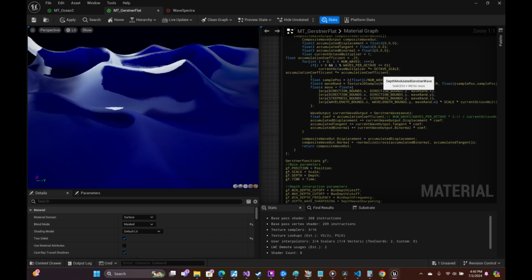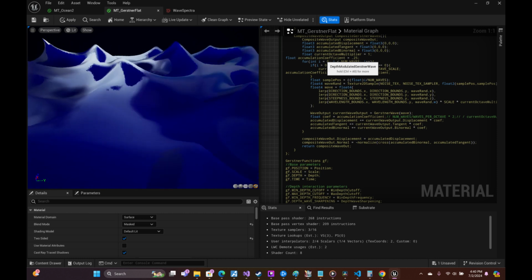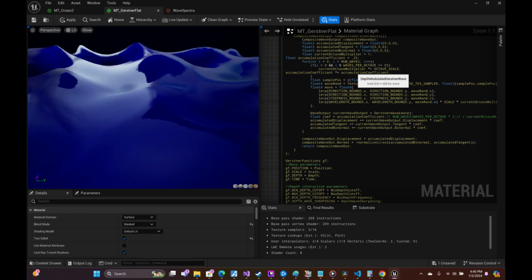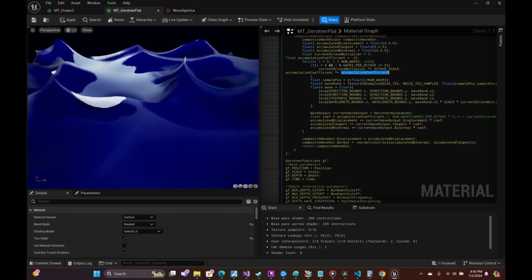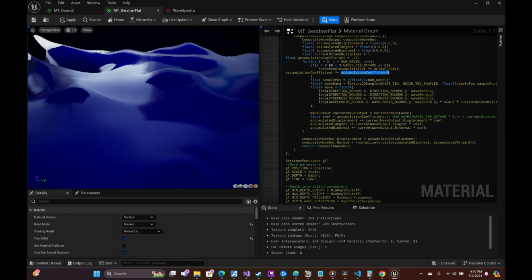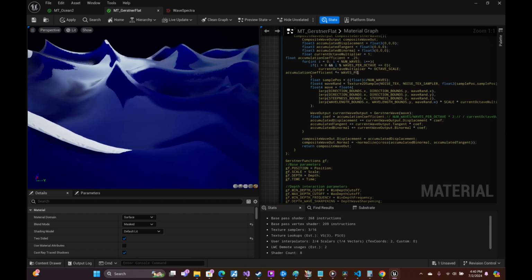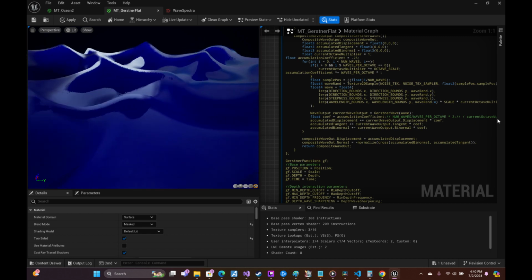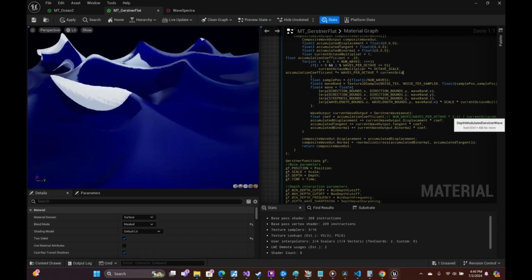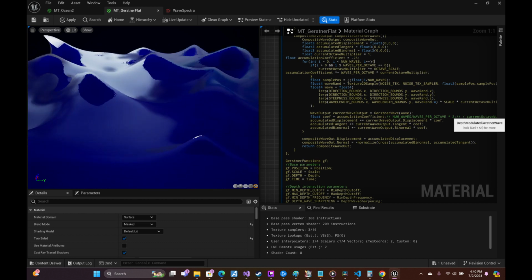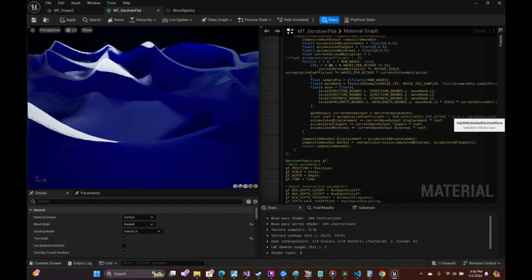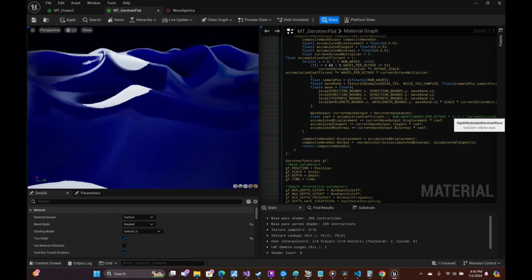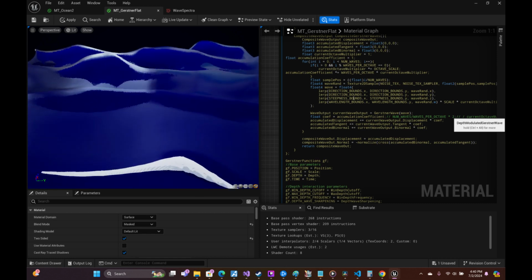Okay, that's not really going to do it, I don't think. So let's think about this. Octave times current octave multiplier. Something like this, and then maybe we divide.